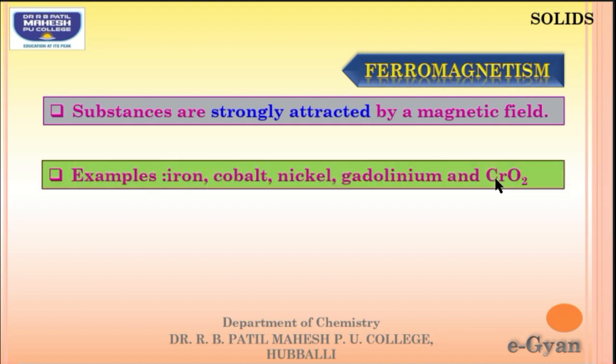Examples are iron, cobalt, nickel, gadolinium and chromium oxide. You can remember this with the help of alnico: AlNiCo, Al aluminium, Ni nickel, Co cobalt, alnico.